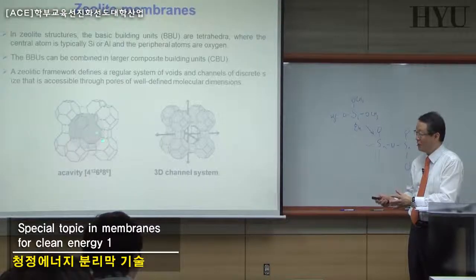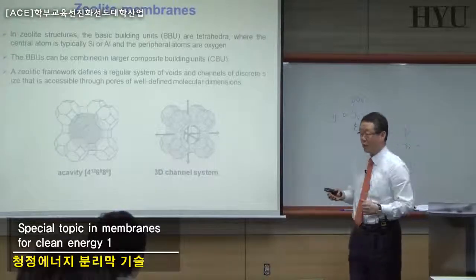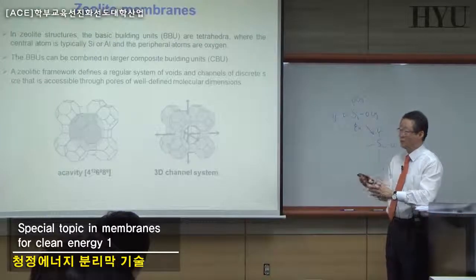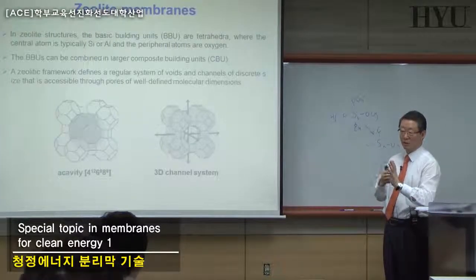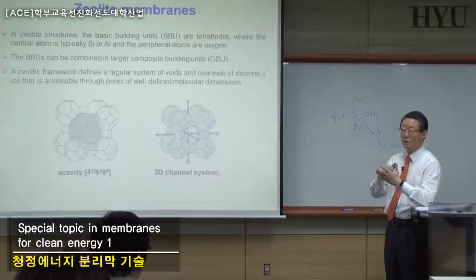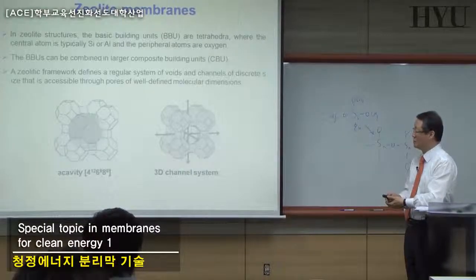Anyway, if you have a highly porous structure in those zeolites, you can utilize those microporous structures to absorb gases, absorb chemicals, so that those absorbed materials could be reacted later on after moving to the reactors and so on.